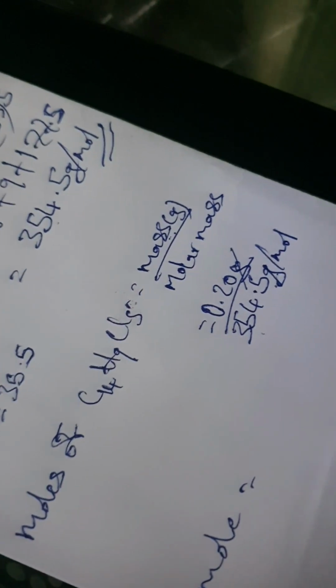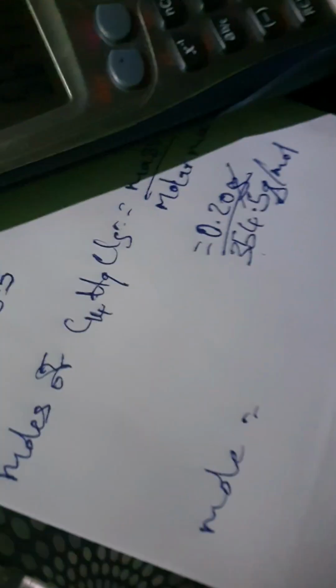Mole is equal to 0.20 divided by 354.5, which is what we have. We are going to write it as times 10 raised to the power minus 4.